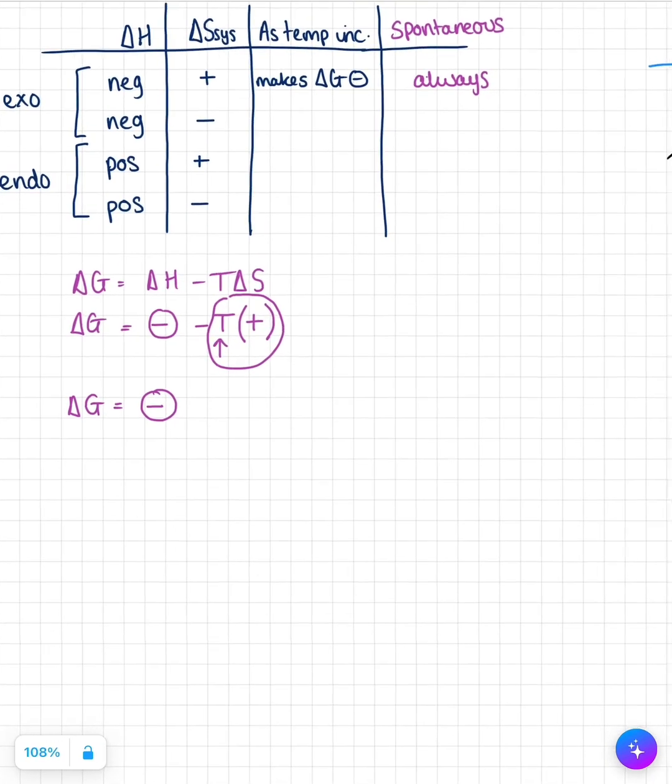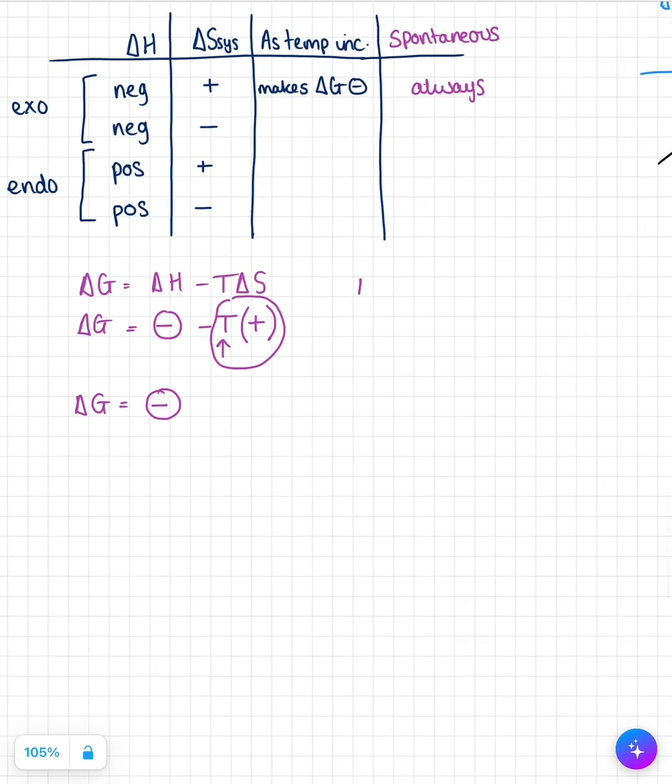Now, what about if we've got an exothermic reaction with a negative entropy? So we're going to manipulate our Gibbs equation again. We are going to have another negative value for delta H, and now we're going to have a temperature multiplied by a negative number. So we're doing a negative number minus a negative number.